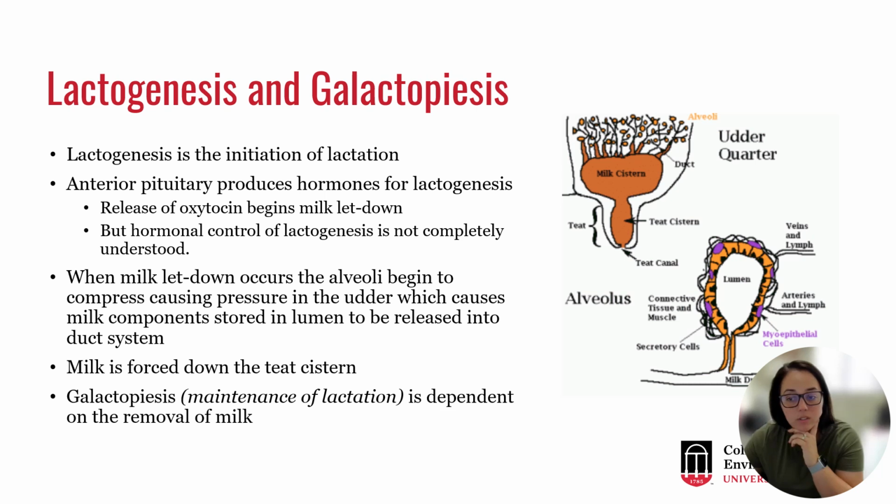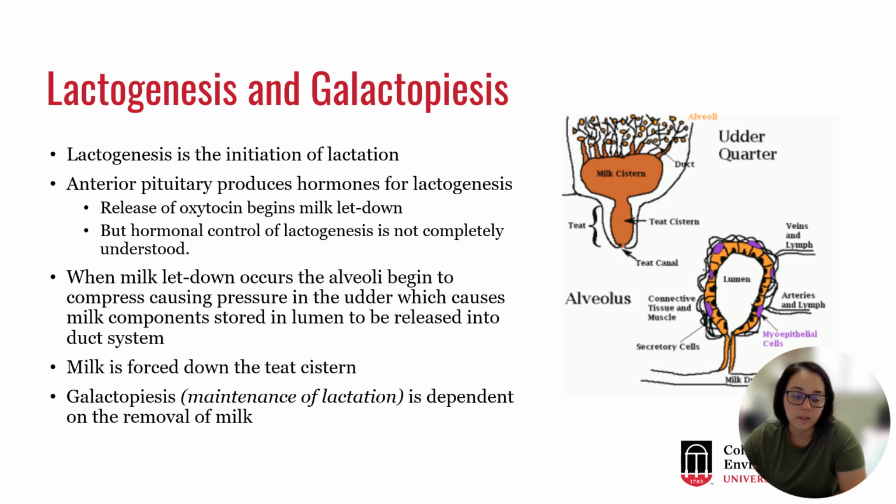There are several theories as to how those hormones control lactogenesis, and some of those are the rise in blood levels of prolactin and the adrenal glucocorticoids, along with the drop in progesterone and glucocorticoid binding globulin at parturition, which could be how lactogenesis happens.